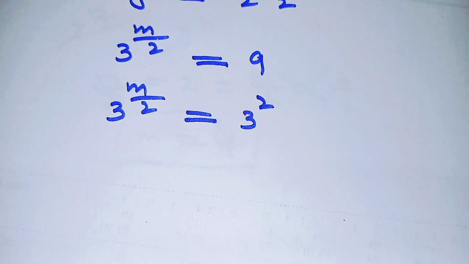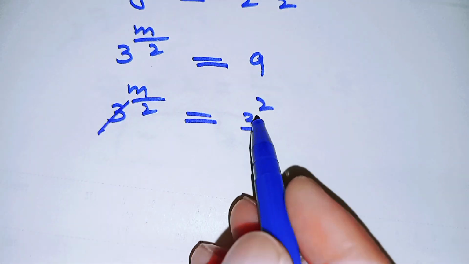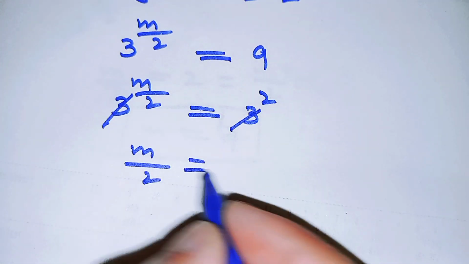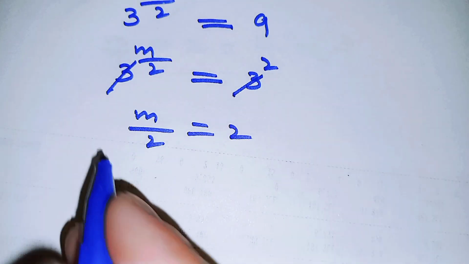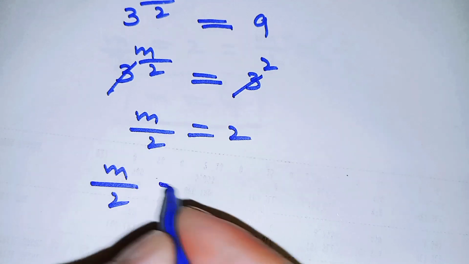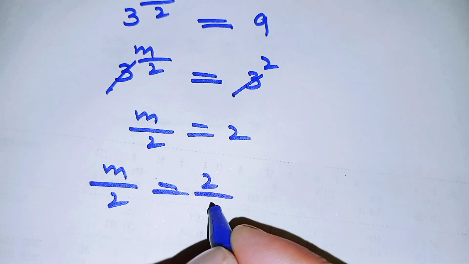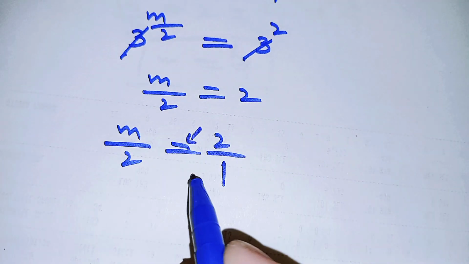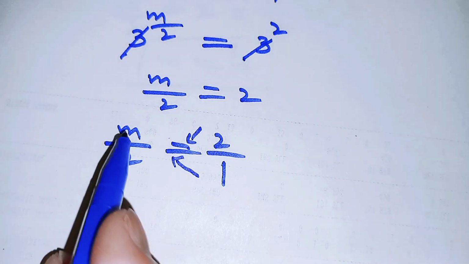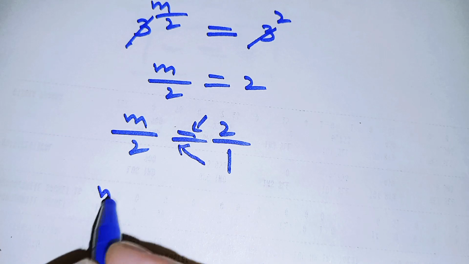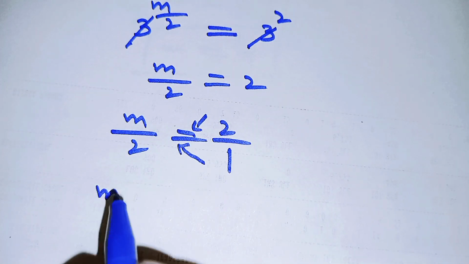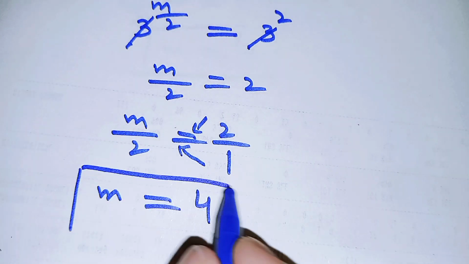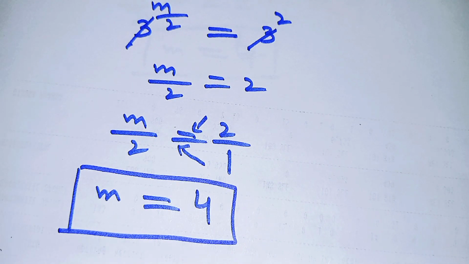With the same base, the 3 cancels out with the 3, and the remaining is m over 2 is equal to 2. Now we suppose m over 2 is equal to 2 over 1, and by cross multiplication, m is equal to 2 times 2, which is 4. So here is the value of m.